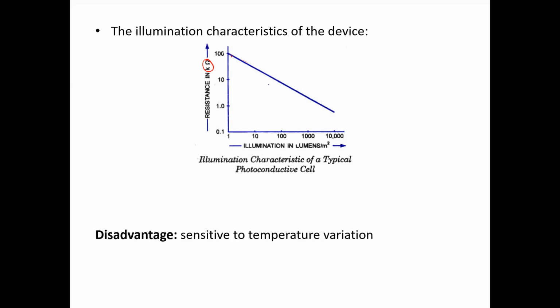So in the environment where the LDR is used for a particular application, it might happen that due to higher temperature variations, the value of the resistance might be affected in such a way that it is significantly high. So that could be one of the disadvantages.